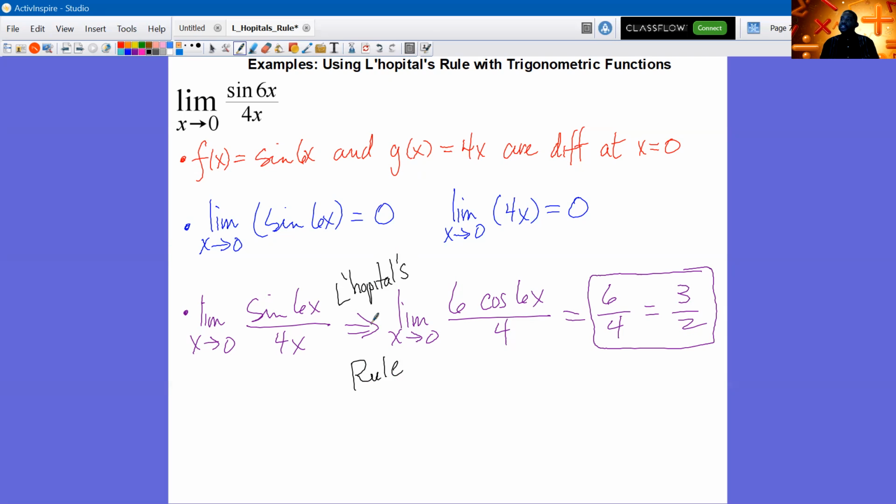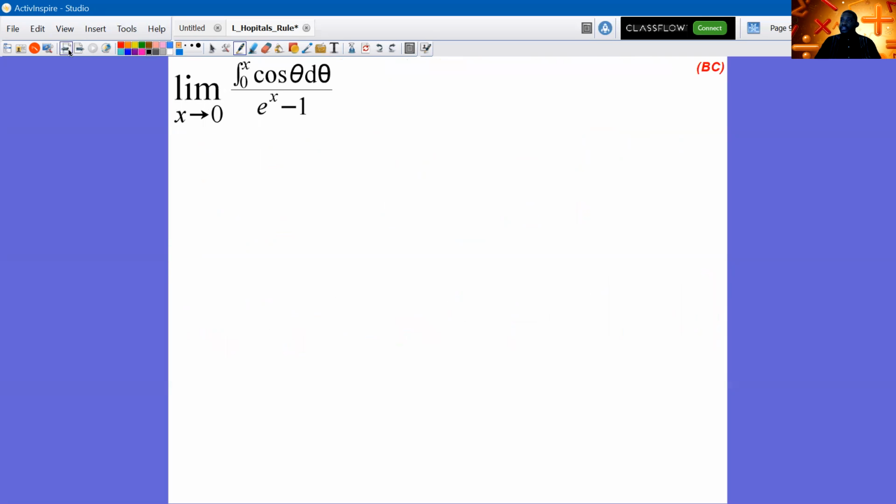So if you are noticing in the examples I'm doing here in this video, the process is still the same for most of these, except we're working with different functions. Okay, so here's a limit involving inverse trig. Again, same rules apply.